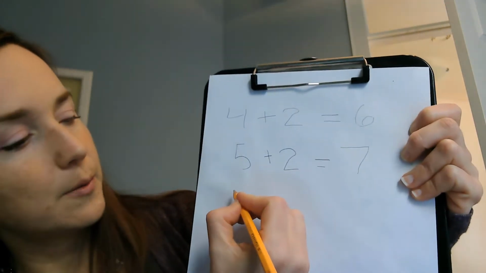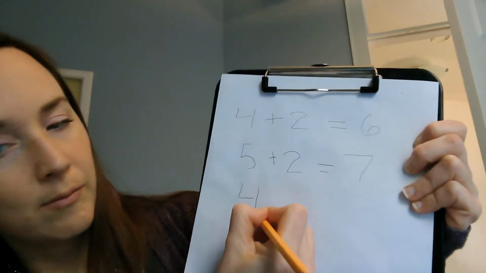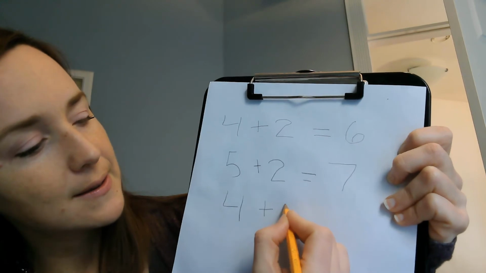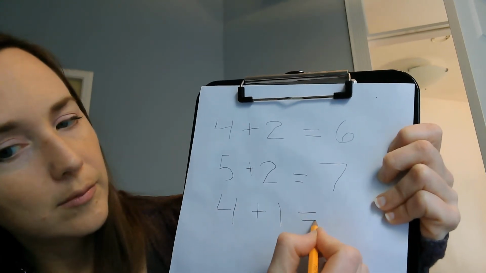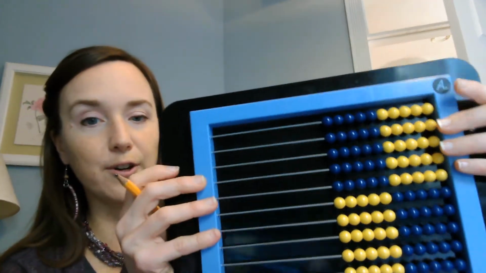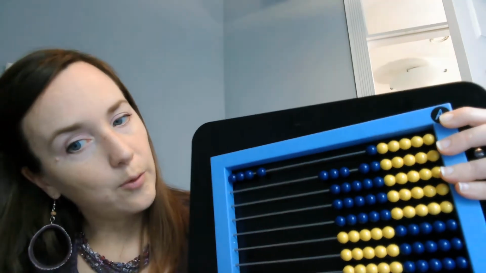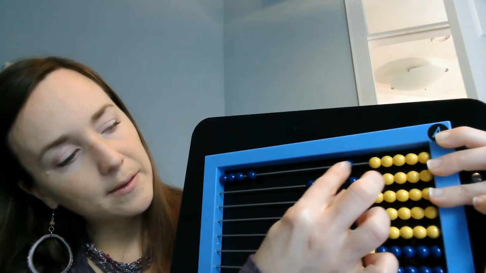Okay, one more that we'll do together, and then I'll let you try some on your own. How about, if you can read it while I write it. 4 plus 1 equals, what's going to go there? Look at it on our abacus. So our first addend, the first number is 4. 4 plus 1.